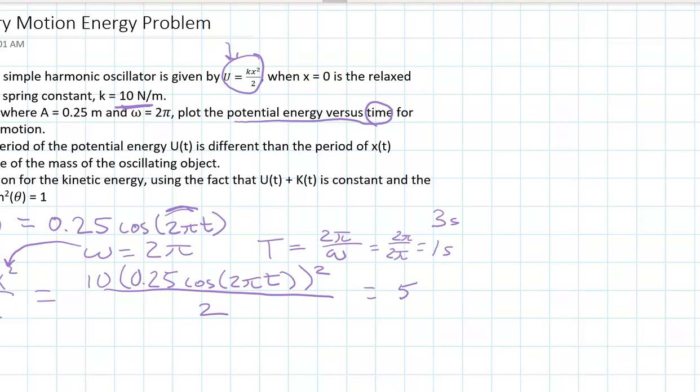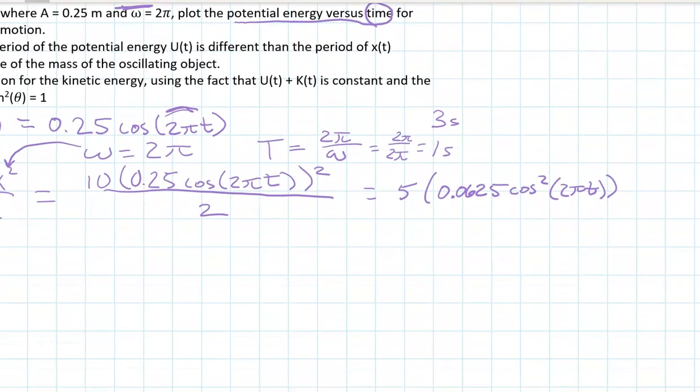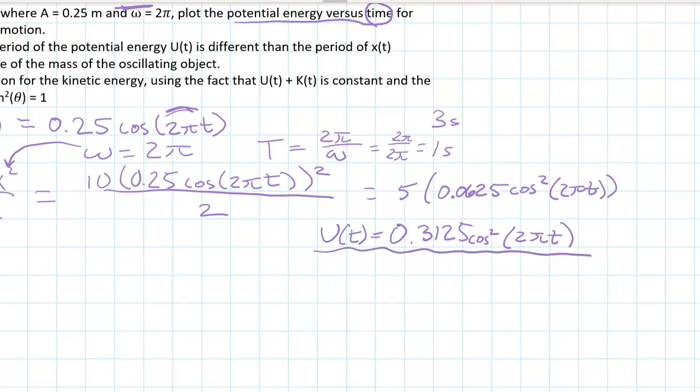So 0.25 squared is 0.0625, and the whole cosine function will be squared. Then I just multiply that whole thing by 5, and this is my energy as a function of time, this expression right here.